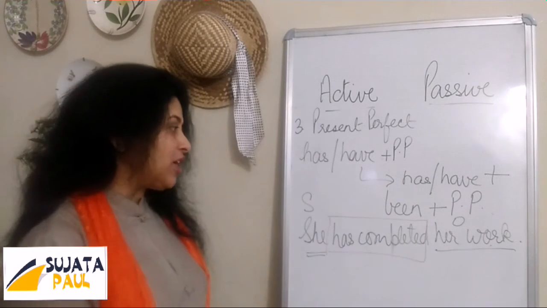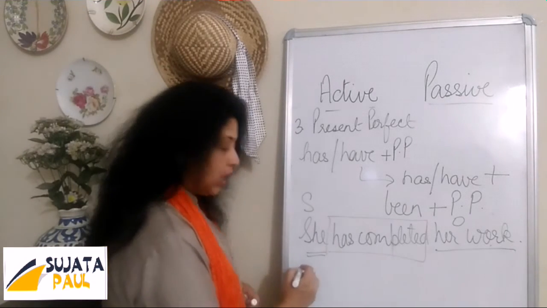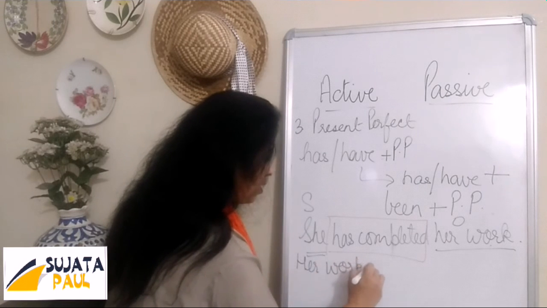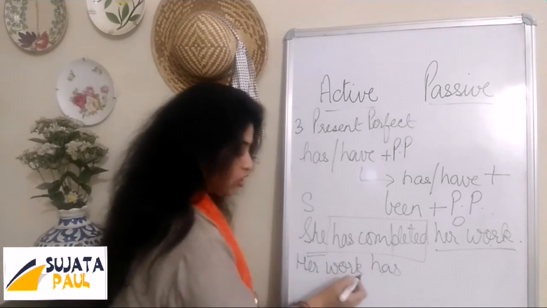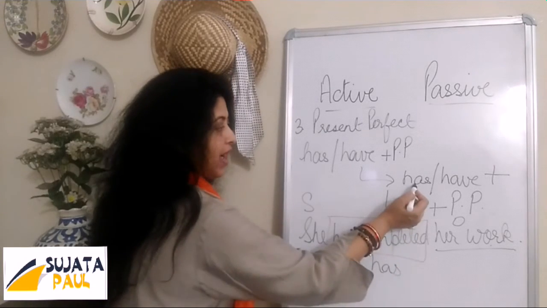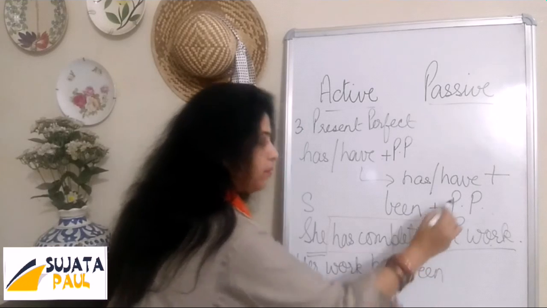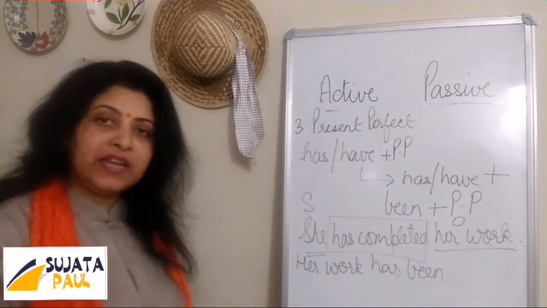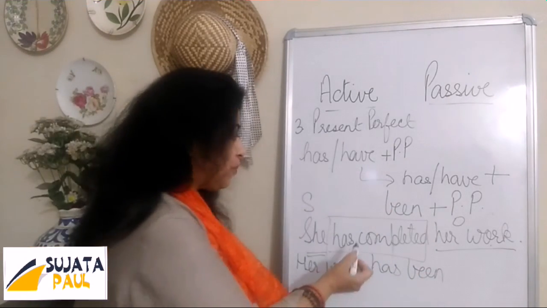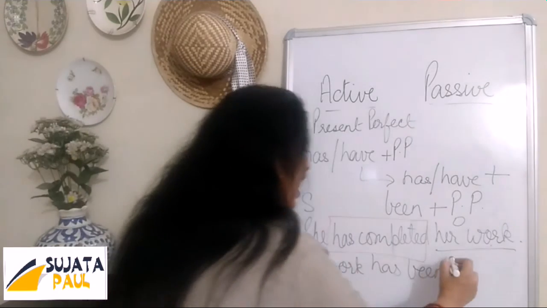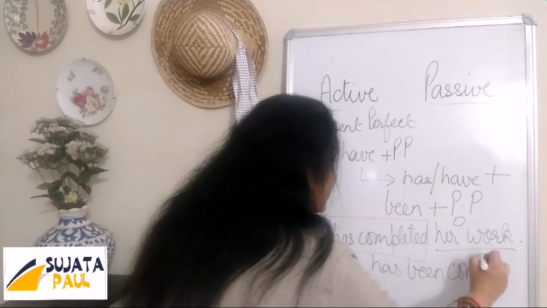And when I change it, it will become her work has, because her work is singular, has been completed. Been is the past participle of completed. Because this is also past participle. With has, have, you have past participle only. Has been completed.